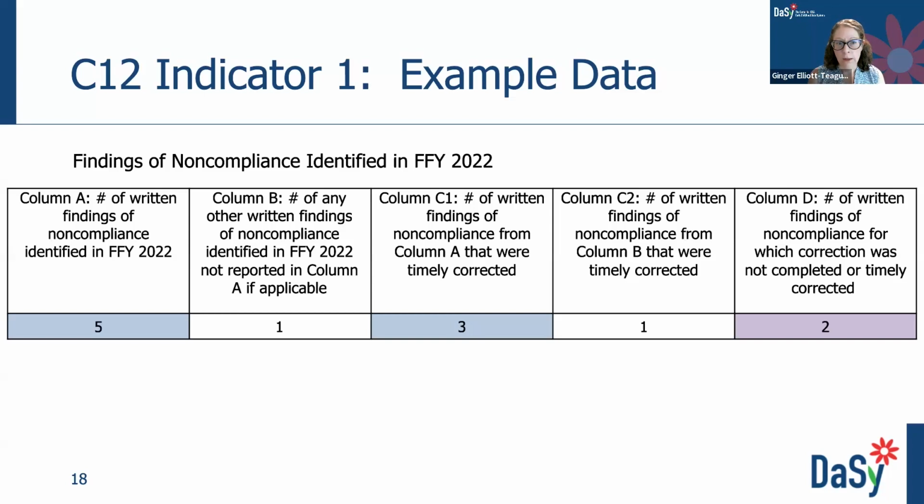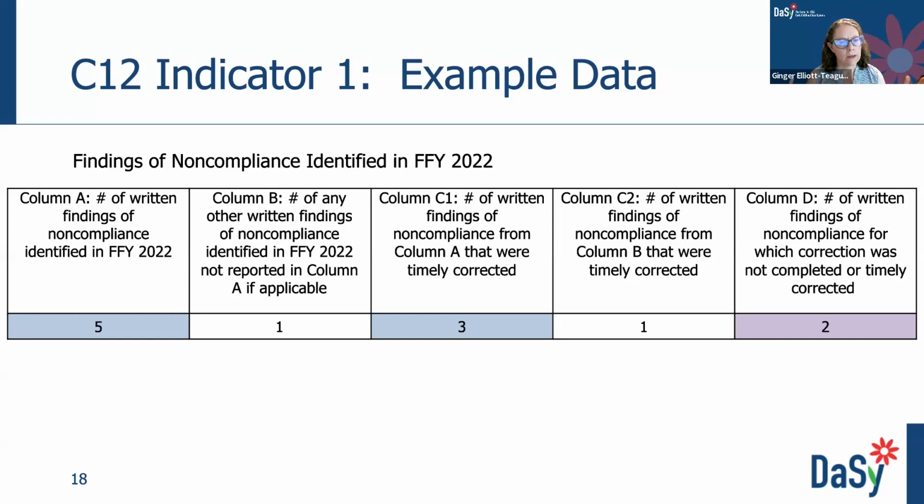They added 1 in column B, so they had 1 additional finding, and this was related to written consent. Column C1 pulled from indicator 1, and they had reported that 3 of the 5 were timely corrected. In C2, they added another 1, saying that the finding in column B had been corrected timely.